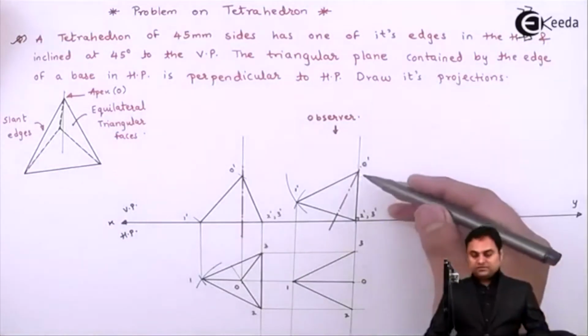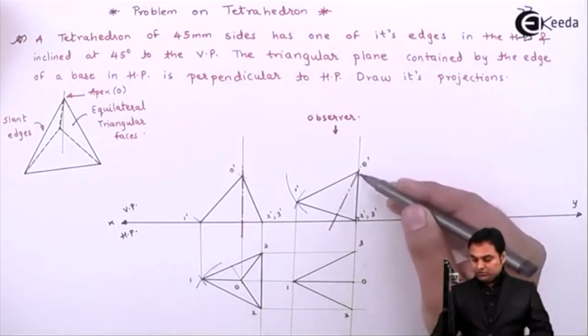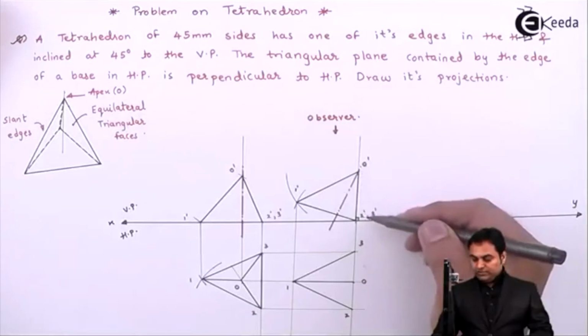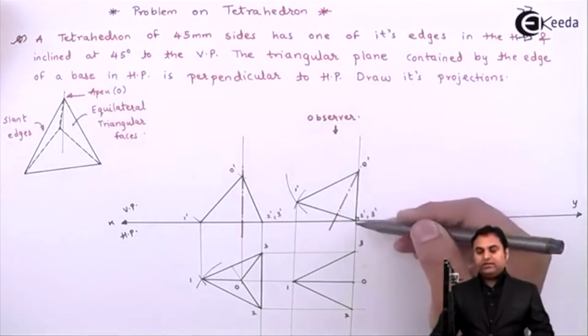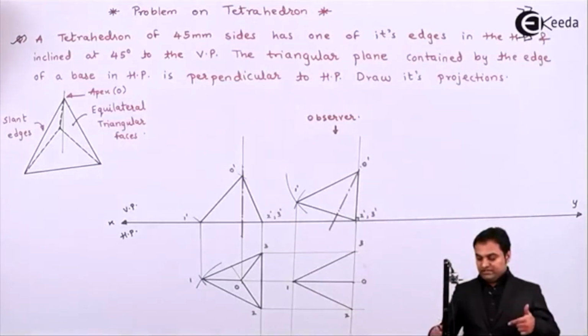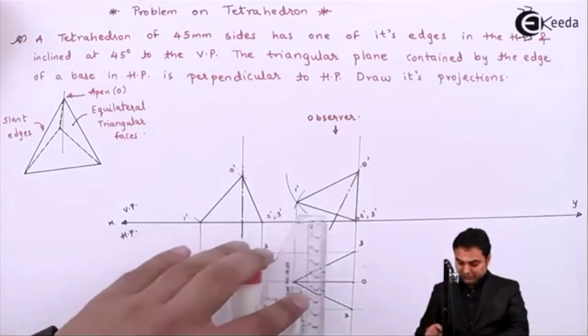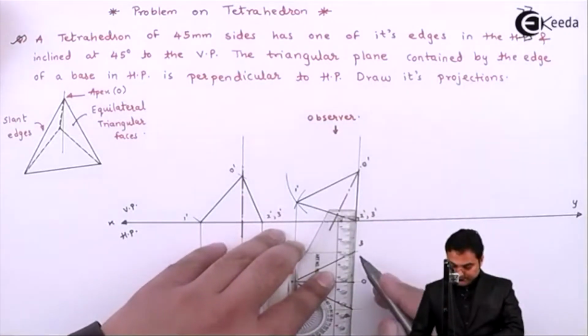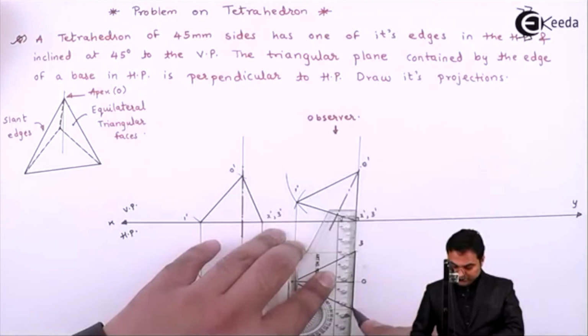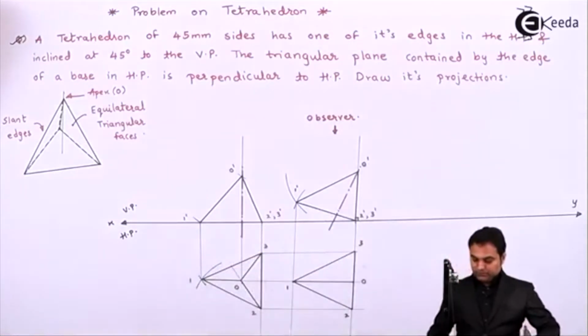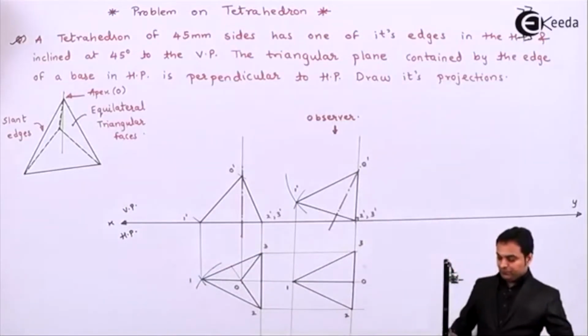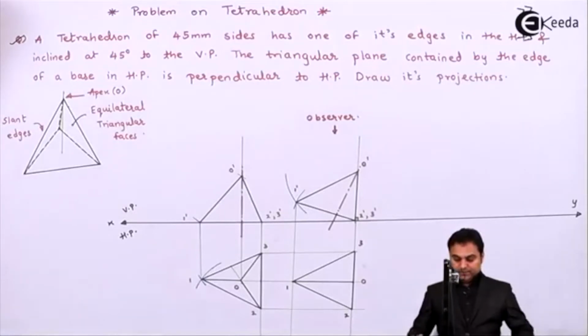Then this complete face, O dash 2 dash 3 dash, is actually a triangular face. So that triangular face appears as a line in the top view. All the points are on the same line. So this is the top view of the tetrahedron.